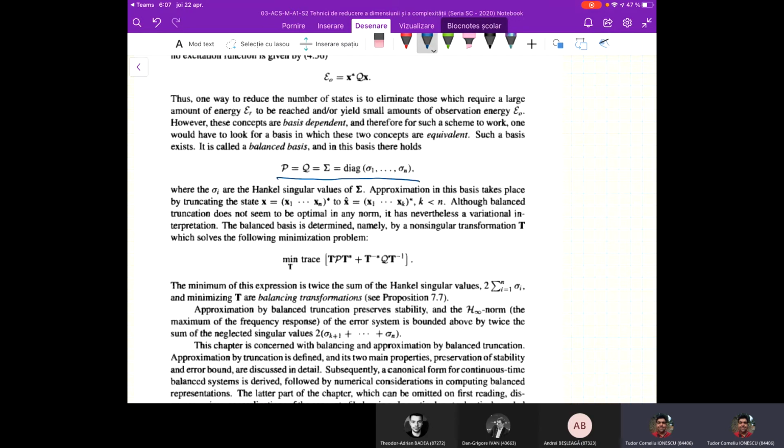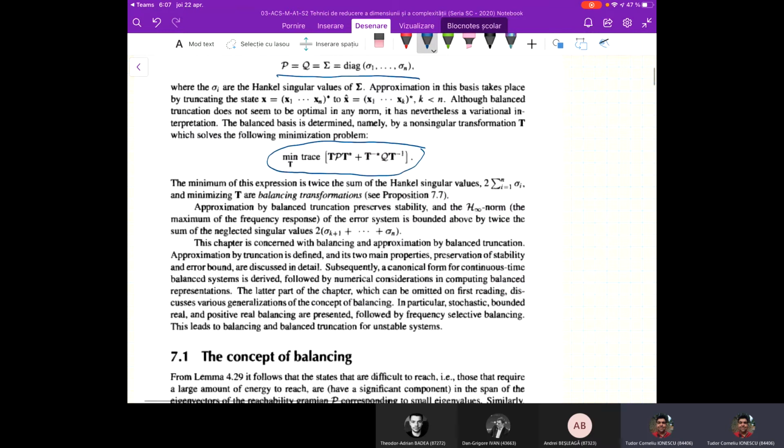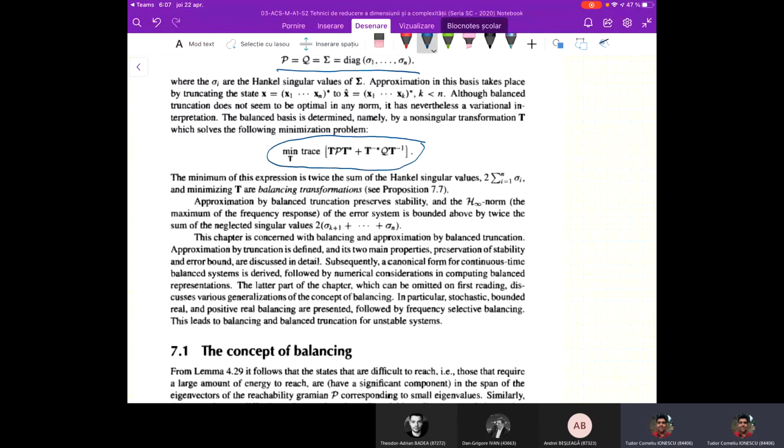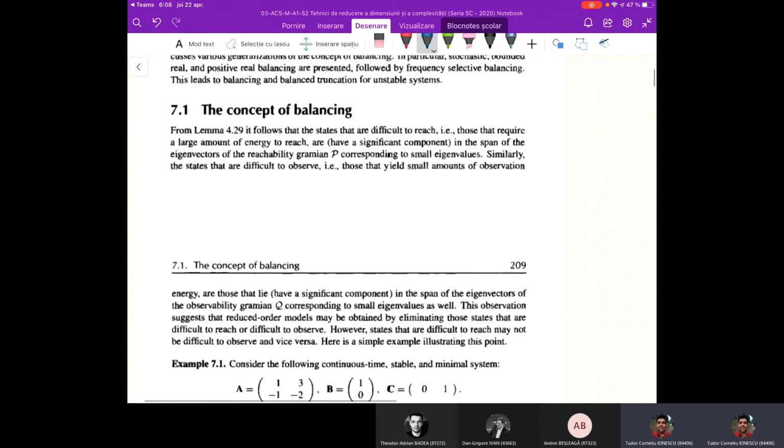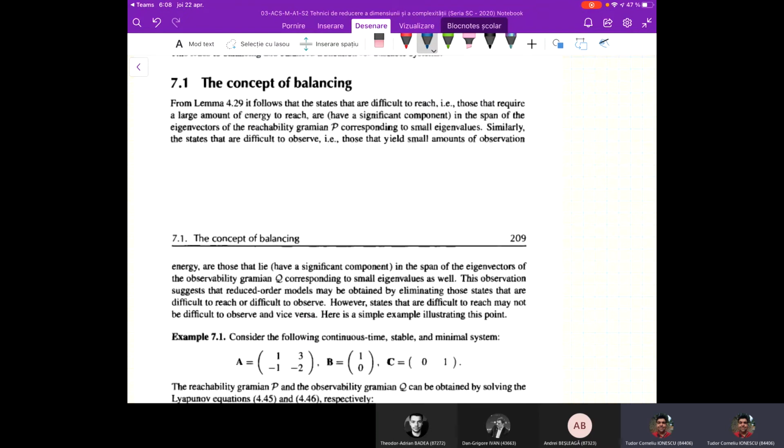You recognize, we have seen this before, that the transformation yielded for the balancing is the solution of a specific optimization problem. Everything is very nicely explained, and then the concepts are presented.